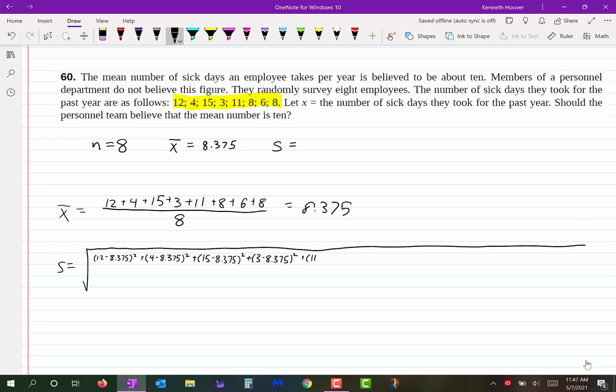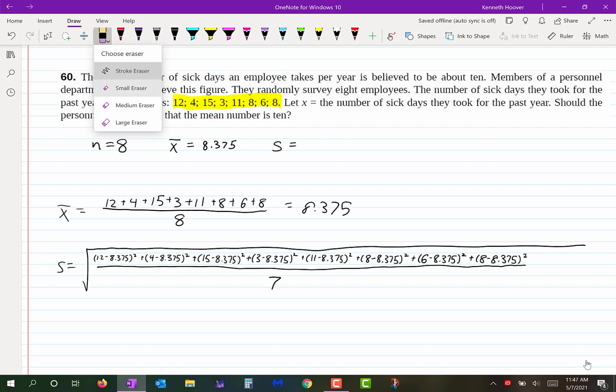plus 11 minus 8.375 squared, plus 8 minus 8.375 squared, plus 6 minus 8.375 squared, plus another 8 minus 8.375 squared, and then we divide that all by n minus 1, which is 7.